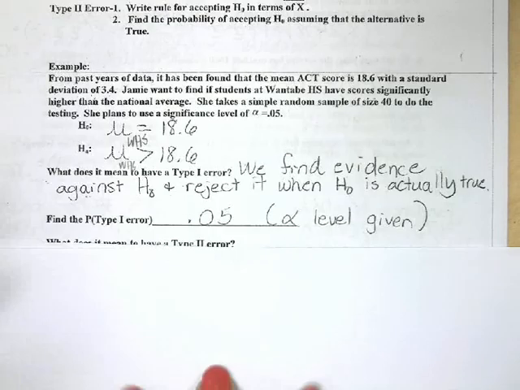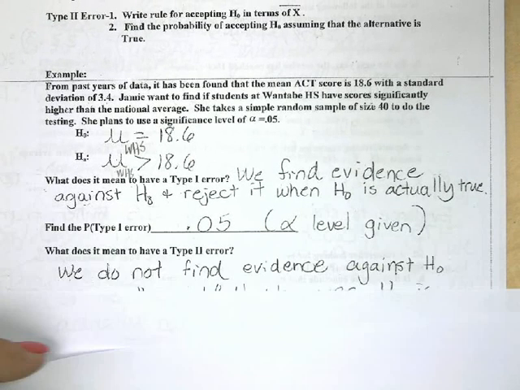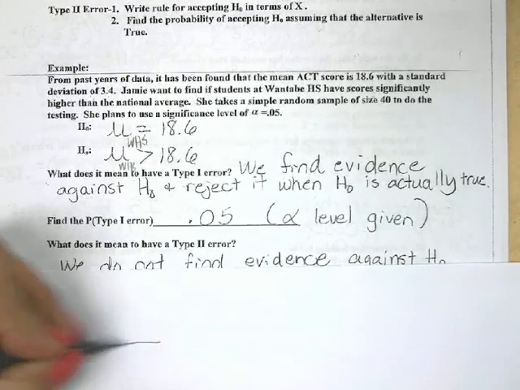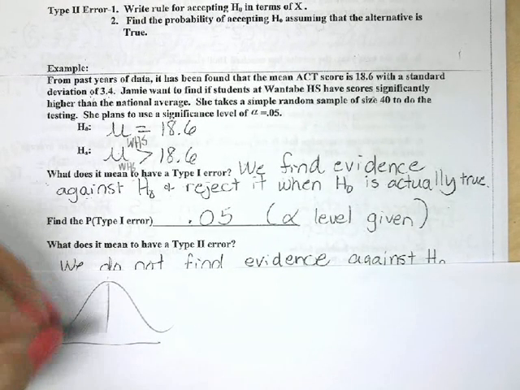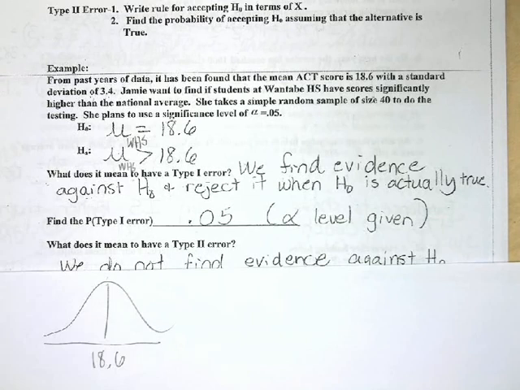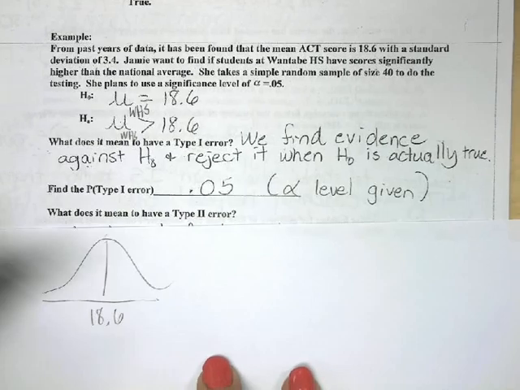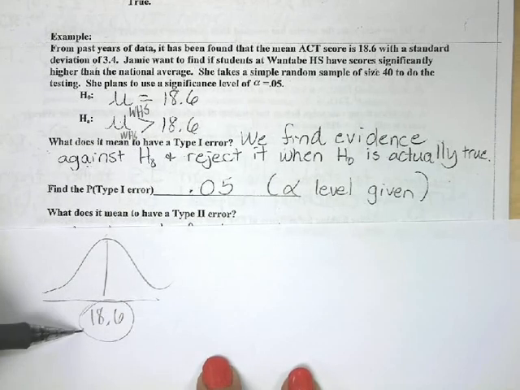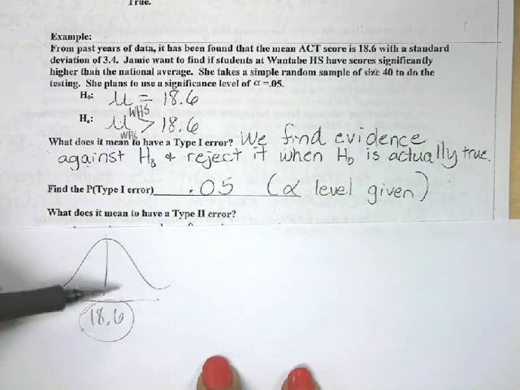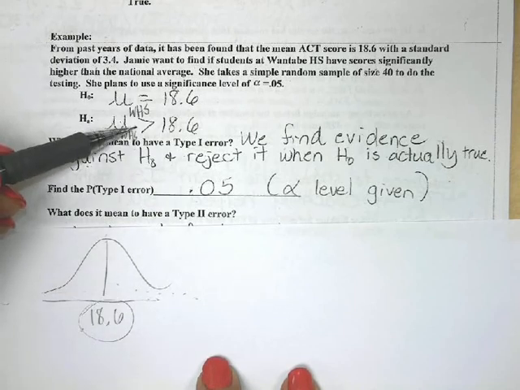Because if the mean is really 18.6, and if we sample 40 numbers, remember, and it's truly 18.6 at Wannabe High School, sometimes we will get numbers that are significantly higher and significantly lower, but we're only testing the upper tail at this point.